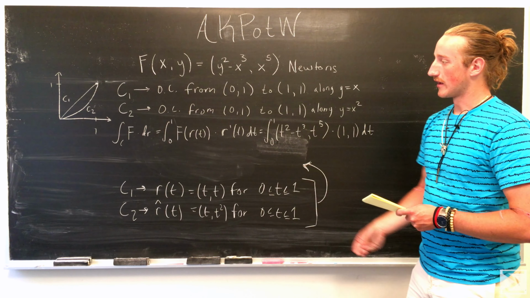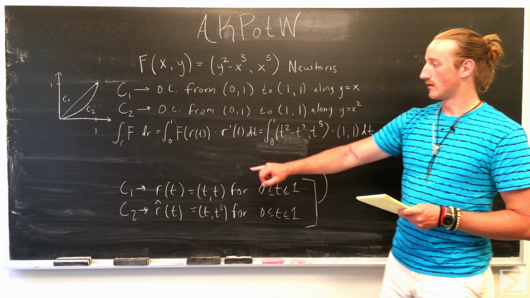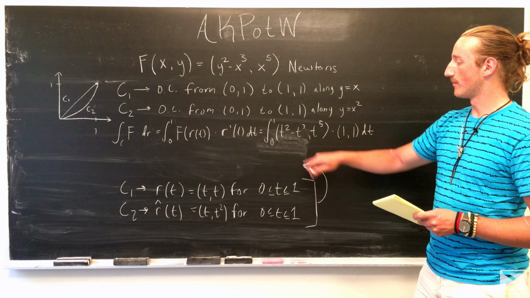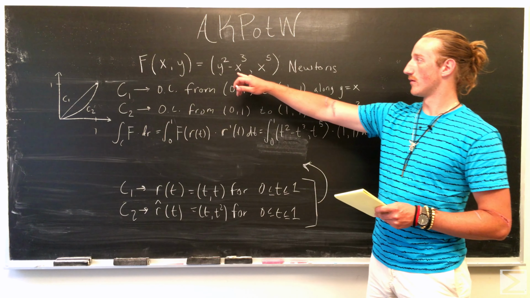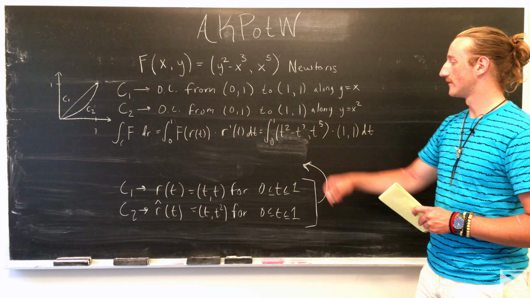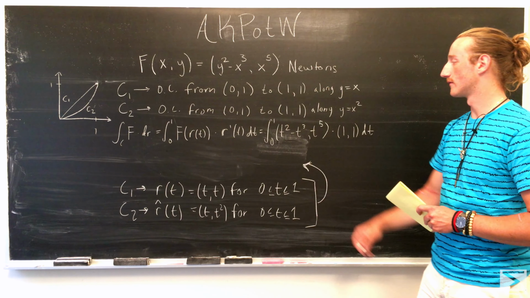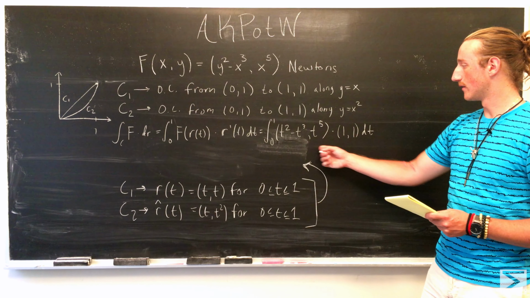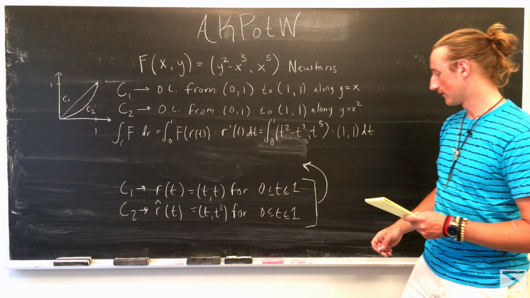Here we're going to calculate the work done along C1 first. With our parameterization, y squared minus x cubed is just t squared minus t cubed, and x to the 5th is just t to the 5th.